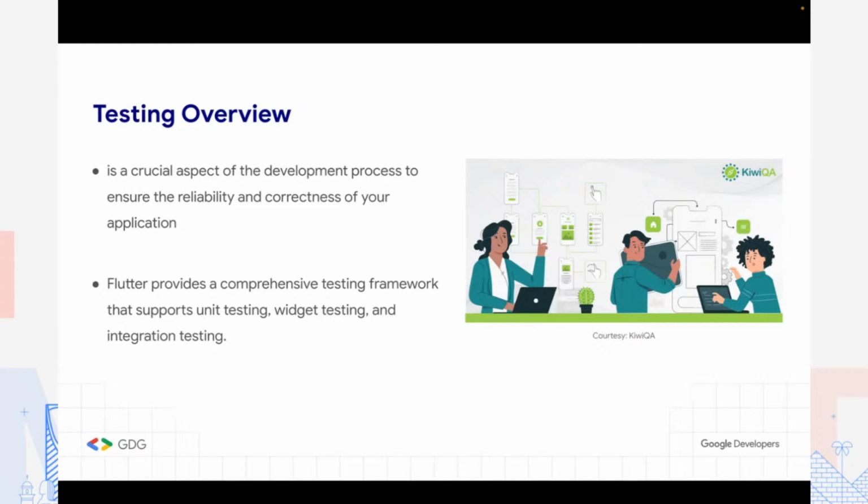It ensures the reliability and the correctness of your application. That's the reason testing is very crucial. If we do not test an app, especially large scale apps, there are more chances that the app can break. So before rolling out the application, it's very important to test.